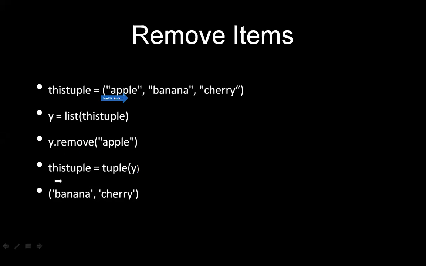When I display it, you will get the output banana and cherry, which means the apple is completely removed. So this is the theoretical explanation about this tuple. Now we will look into the practical implementation of this particular concept.